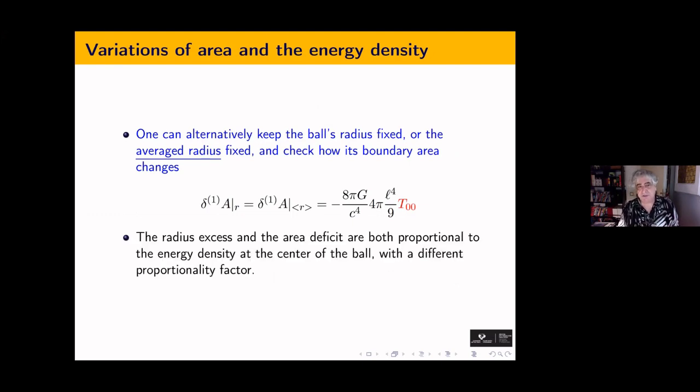So both the radius excess, keeping the area constant, and the area deficit, keeping the radius constant, are proportional to the energy density at the center of the ball. But they have a different proportionality.